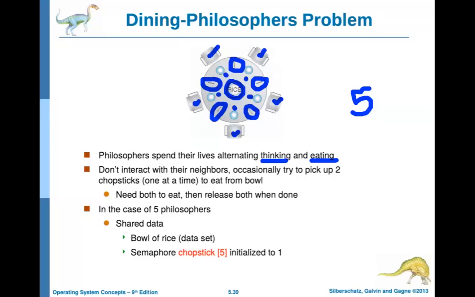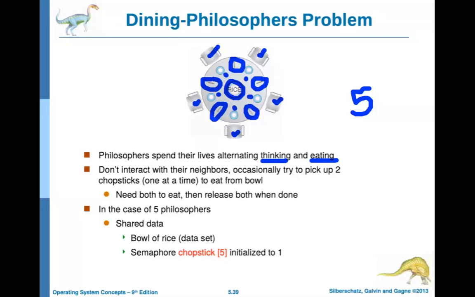Now the protocol for eating is: the philosopher should pick up 2 chopsticks. Because this is a round table, there is 1 chopstick on the left hand side and 1 chopstick on the right hand side of every philosopher.